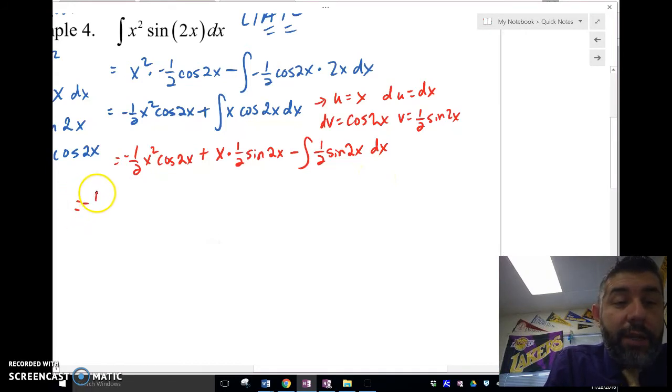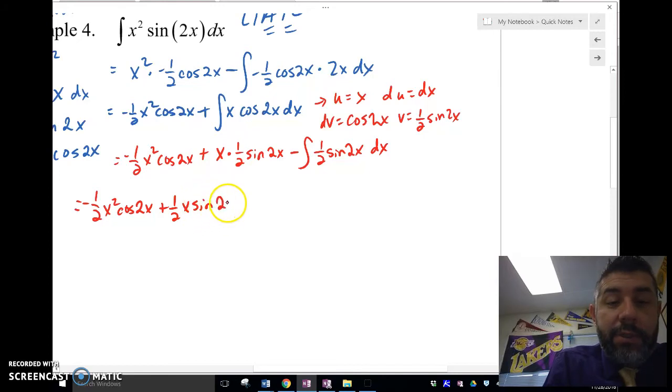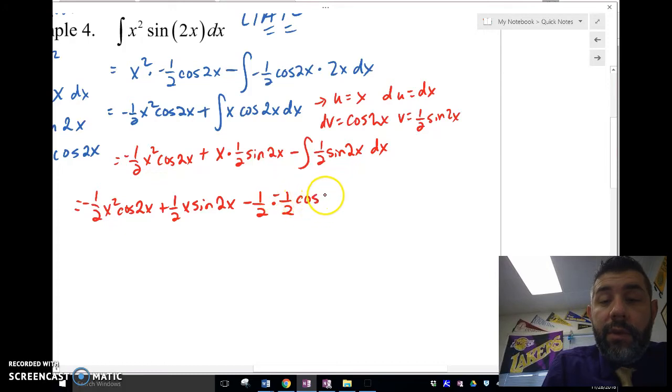So we're going to get negative 1/2 x squared cosine 2x plus 1/2 x sine 2x minus 1/2. The integral of sine 2x, we need a 2 and a 1/2 out there, so we're going to have 1/2 negative cosine 2x.